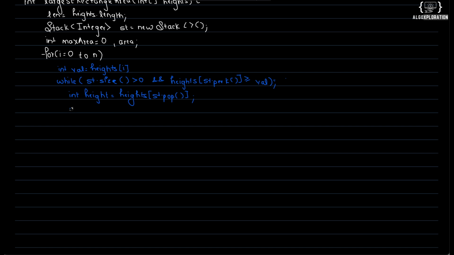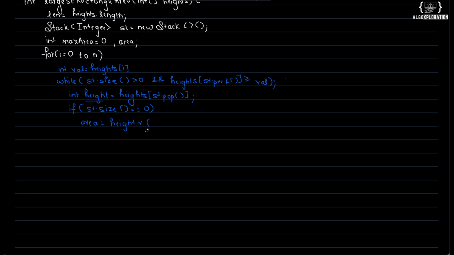Now I'll check if stack dot size is equal to 0, that means the stack is empty. And if the stack is empty, my P1 will be -1. So now I'm calculating the area, which is height, which is this, into P2. What is P2?